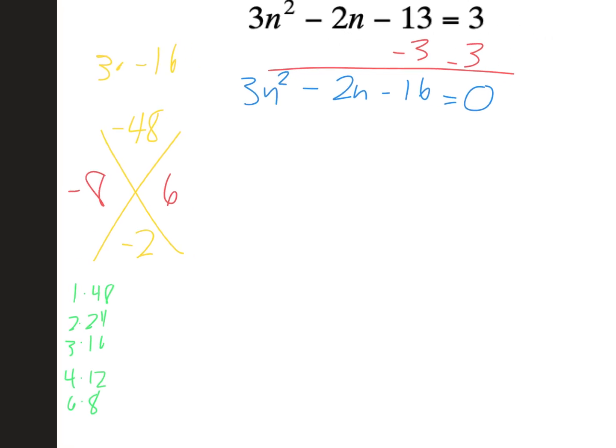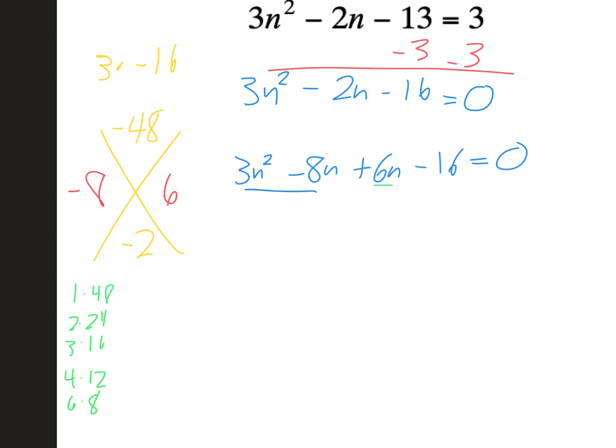So now these two numbers are going to replace my b value as I rewrite this equation. So I have 3n squared minus 8n plus 6n and then I still have my minus 16, and this equation still equals 0. So once again, negative 2n just became negative 8n plus 6n. Same value, just expressed differently. Next, we're going to group.